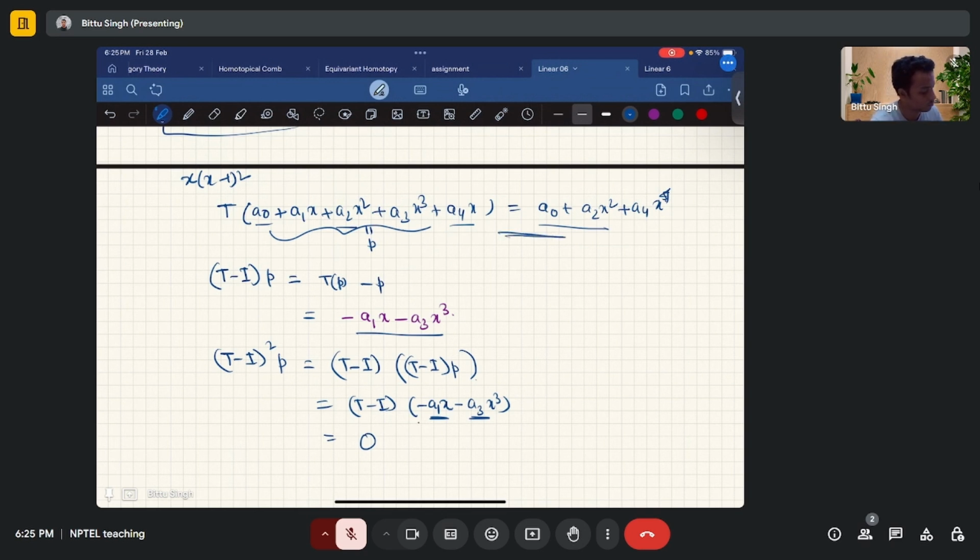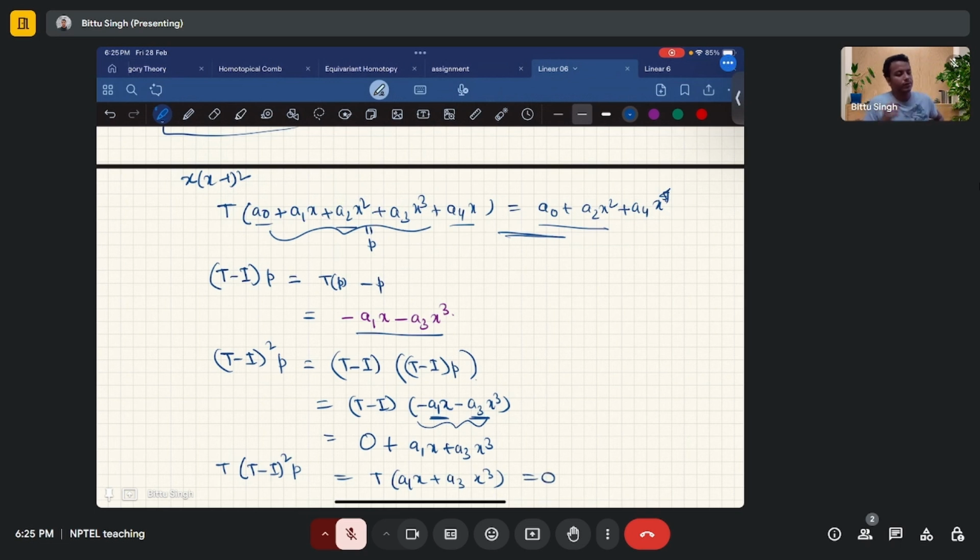So T applied on this gives us 0, and minus identity applied on this, it will be negative, so it is plus a1x plus a3x^3. Now again we apply T on this thing, T applied on (T - I) whole square P. This is the same as T applied on a1x + a3x^3. So this is 0, right?